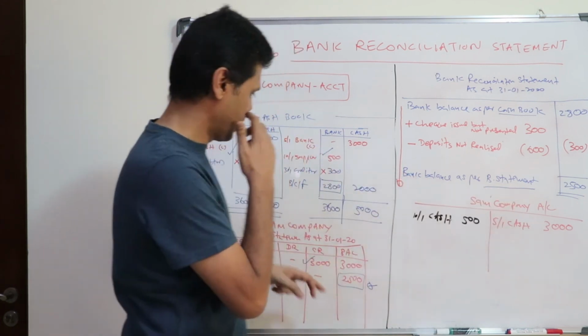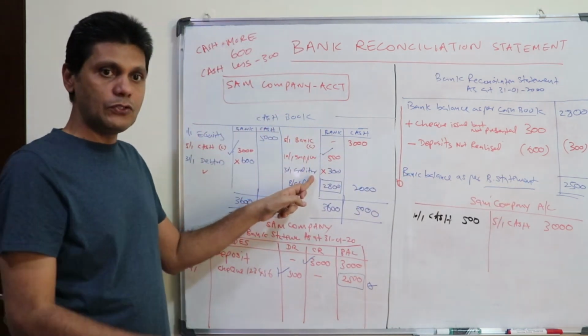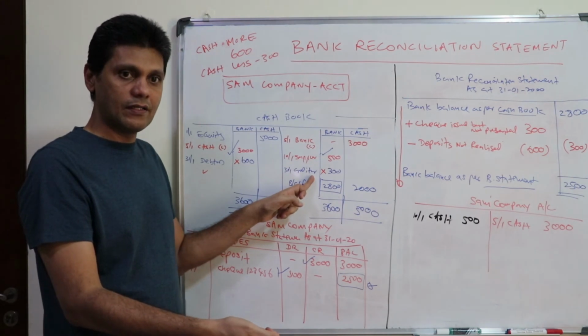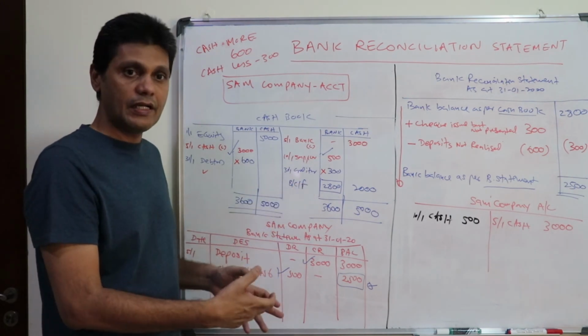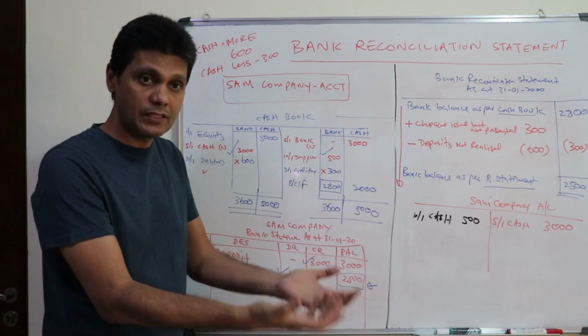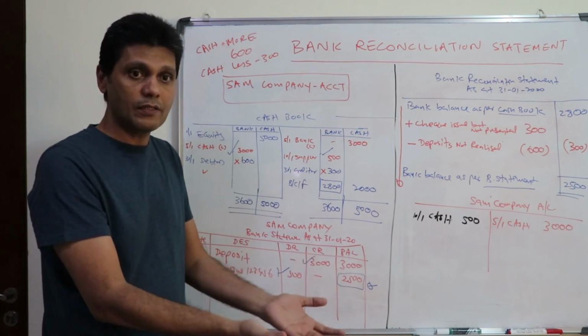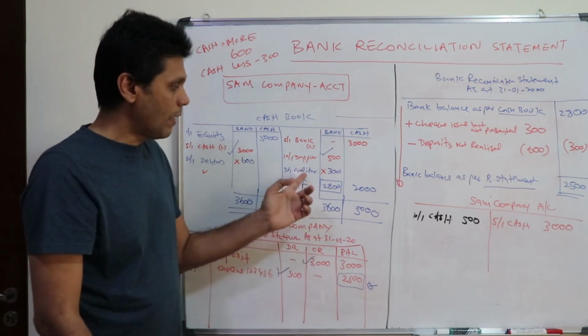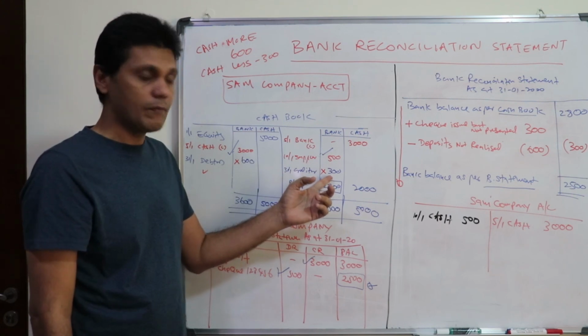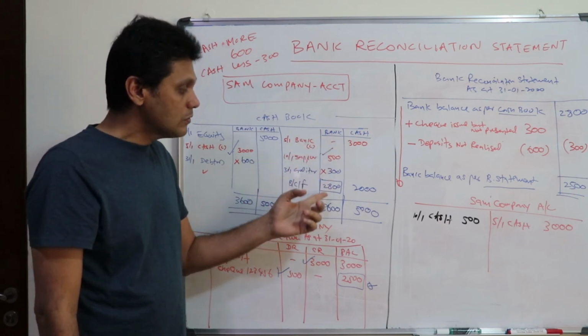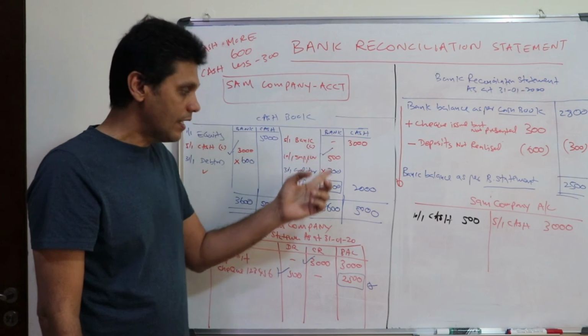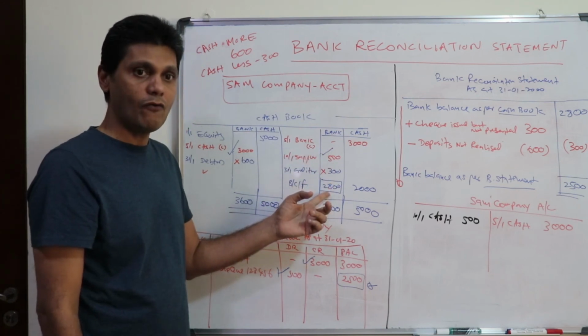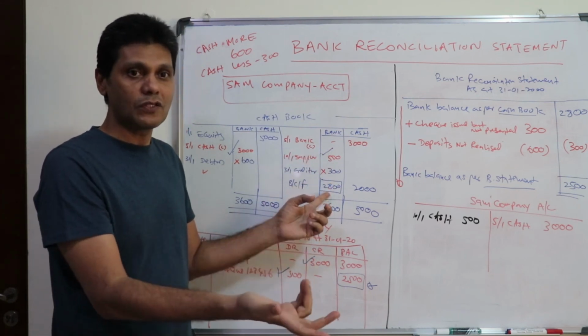Clear? Okay. And this one, we issued a check for 300. The supplier or the creditor has not gone to the bank and presented the check. It's not yet presented. By crediting your bank account, it reduces the bank balance. It is less by 300. However, the bank did not issue 300.